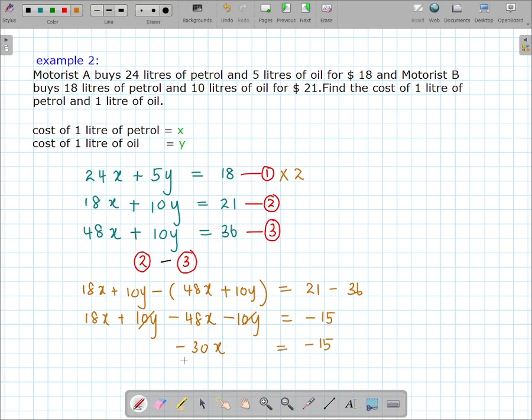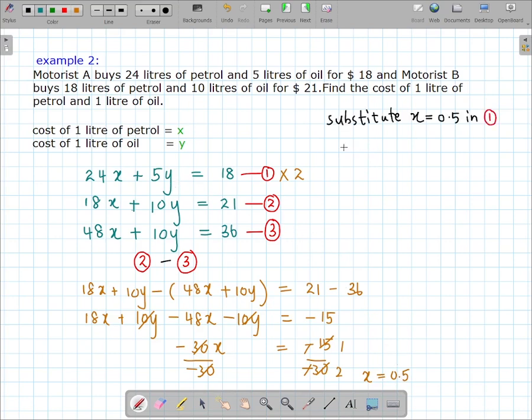Both sides divide by minus 30. Minus 30 get cancelled, minus get cancelled. 15 times 1, 15 times 2. That means x equals 0.5.